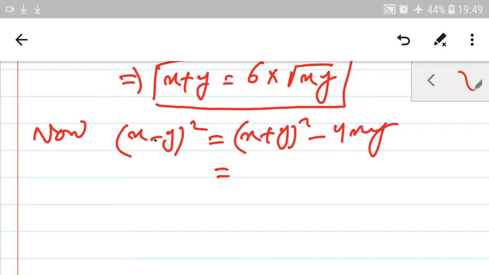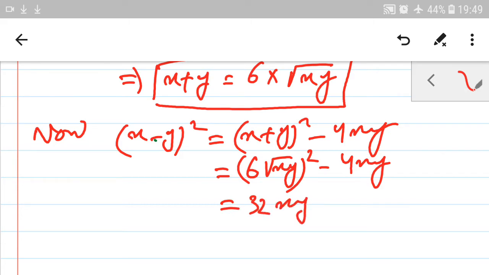So in place of x plus y I put 6 root under xy, whole square, minus 4xy, which is equal to 36xy minus 4xy, and the total answer will be 32xy.